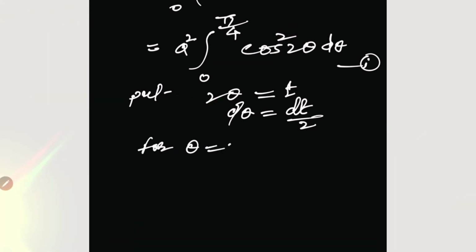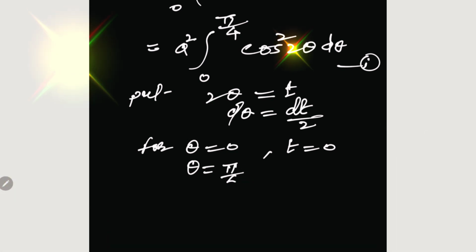For theta equals 0, when we put theta equals 0 here, t becomes 0. And when theta is pi by 4, we get t equals 2 times pi by 4, which means it is pi by 2.